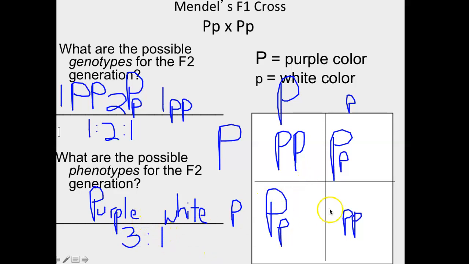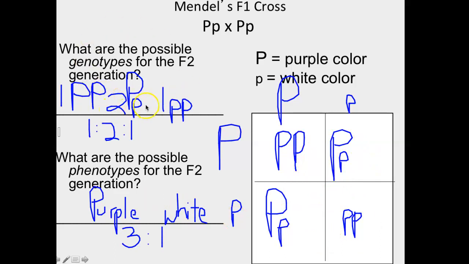If you had 100 offspring of these flowers, around 75 of them would be purple, and the rest, 25, would be white. So you'd have a ratio of 75% purple to 25% white.